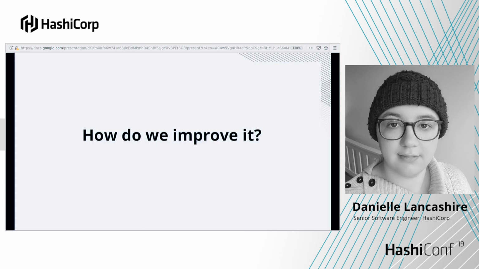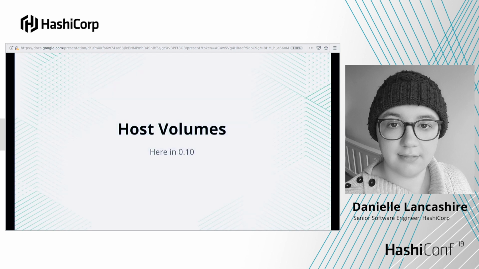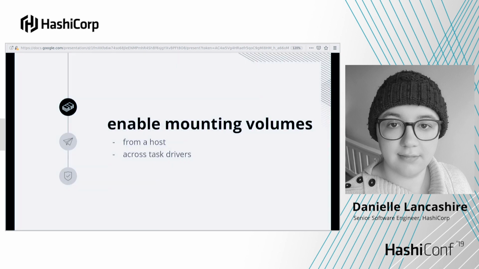So what do we do to improve this? Although we have some stuff that lets you get what you want done, it all has some limitations. So in Nomad 0.10, which went into beta yesterday, we're actually shipping support for mounting volumes from Nomad clients into your tasks natively, which solves some of the scheduling and security components, as well as giving us a way to mount volumes into your tasks regardless of their driver.